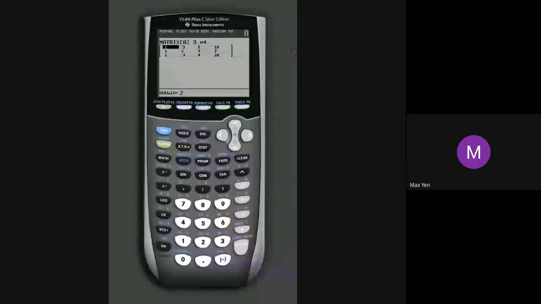Then I hit quit, go back to matrix, go to math, go to RREF, go to matrix, A. Okay, here we go.